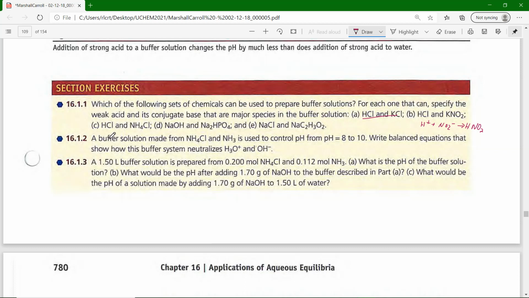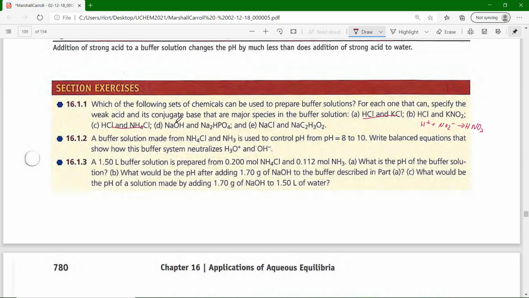HCl and NH4 plus Cl. No, I don't see that happening. I would get more HCl. I can't take this acidic salt and add an acid to it and expect to get a buffer. So that one's no good.